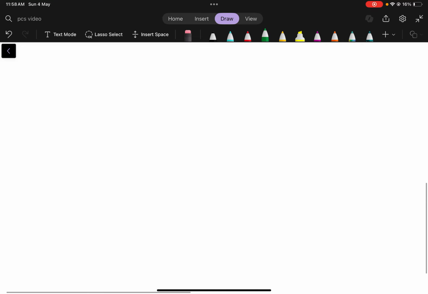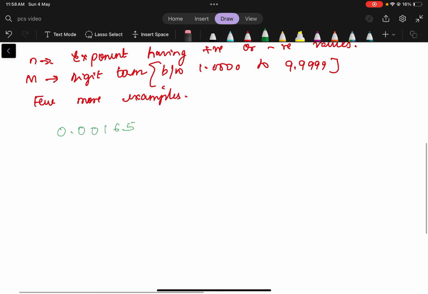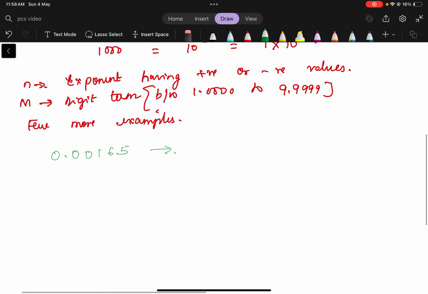If we have to write it in terms of scientific notation, the value of m is between 1 to 9.9. An exponent can take positive or negative values. So we shift the decimal towards the right, and it comes to 1.65 into 10 to the power minus 3.